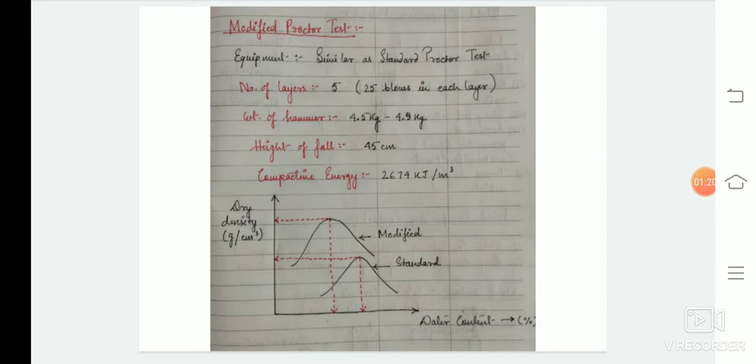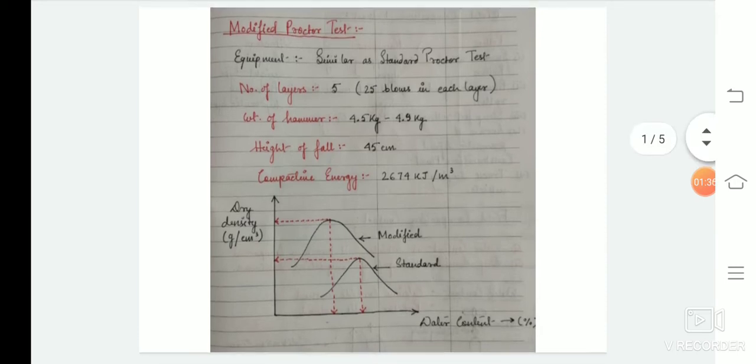Each layer is given 25 blows using a 4.5 kg rammer as per the American Association of State Highway Officials, but in the case of the Indian standard, it is recommended to use a hammer of 4.9 kg, which is dropped through a height of 45 centimeter. The compactive energy in this test is 2674 kilojoule per meter cube.